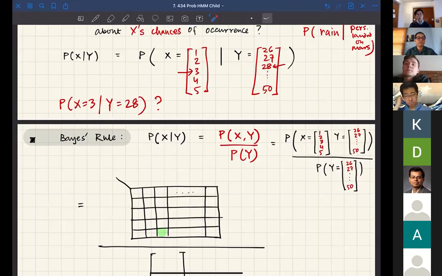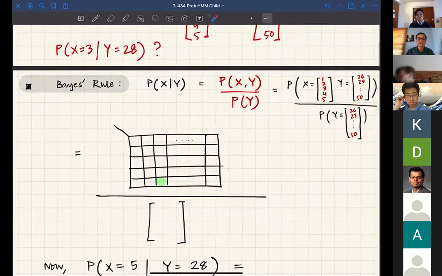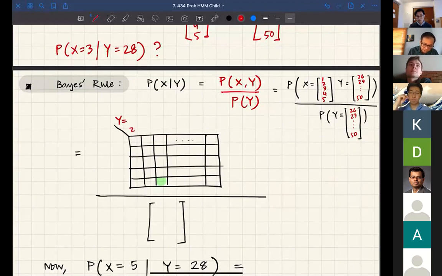Okay. That means I need a matrix where the columns of the matrix are Y. So Y equals 26, 27, 28, and so on till 50. And the rows of that matrix are X, which is 1, 2, 3, 4, 5.